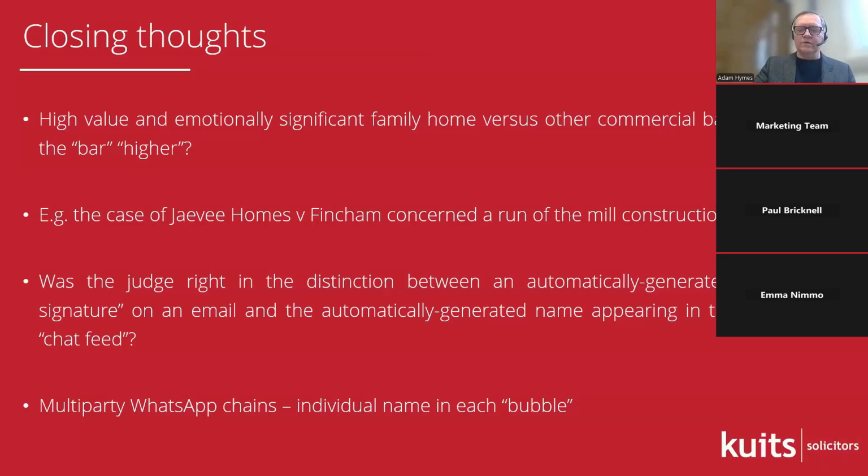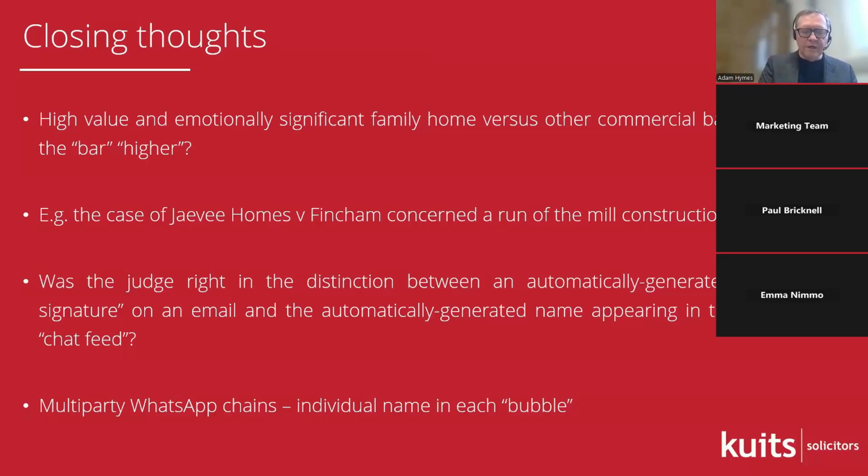the exchange was of property, potentially a property contract. And the key point there, and it's quite a technical one, I suppose, was that unlike an email where your signature might be generated automatically at the footer of a page, and there have been numerous cases which have held generally that having your name on the footer of an email, yours sincerely, regards, etc., does amount to what's called a signature, the inclusion of your name at the top of a WhatsApp message, in the view of the judge, wasn't sufficient to be signed or a signature.